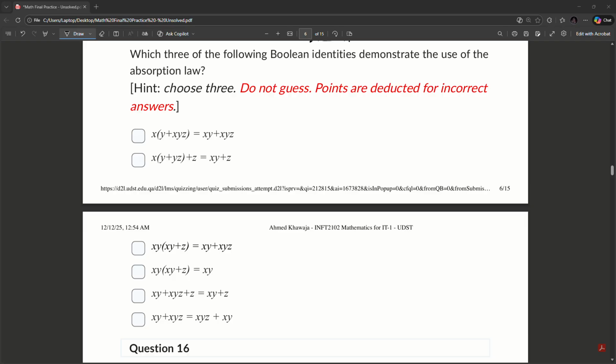Okay, so the absorption law. I'm going to be honest, I do not know how the absorption law works, but what I do know is that the answer is this.